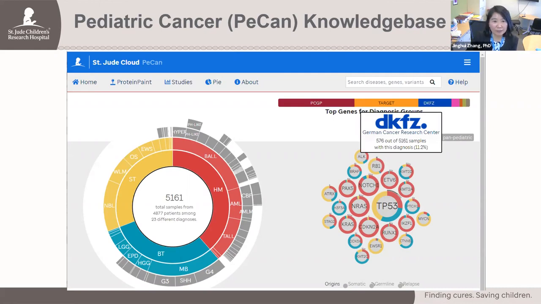What we want to do is to compile curated variants from both the St. Jude data as well as the NCI TARGET cohort, as well as other major institutions involved in pediatric cancer research. We have a close collaboration with Germany, and we are able to incorporate the samples they analyzed for their study into the PCGP as well.